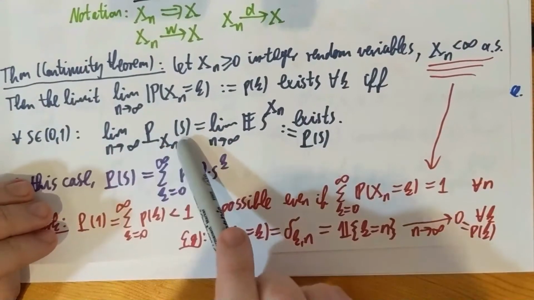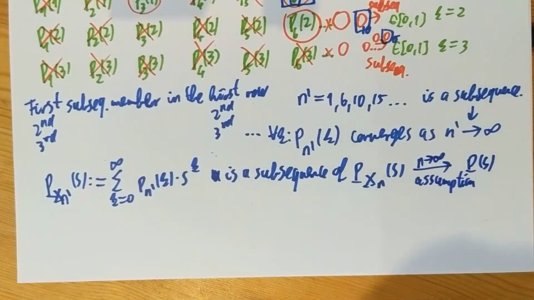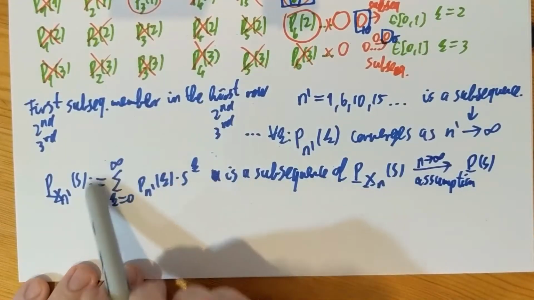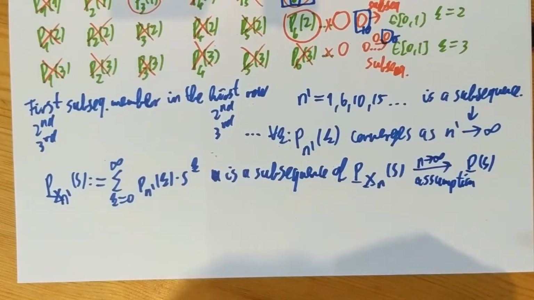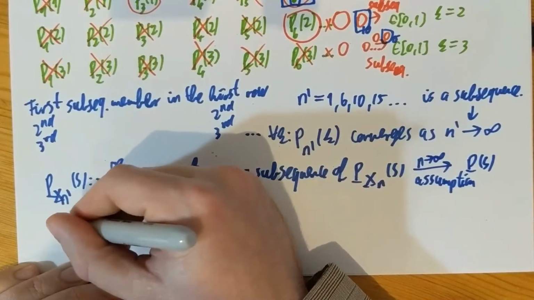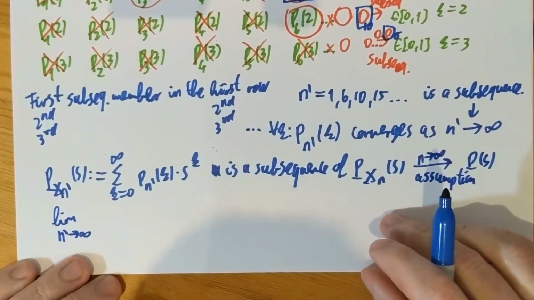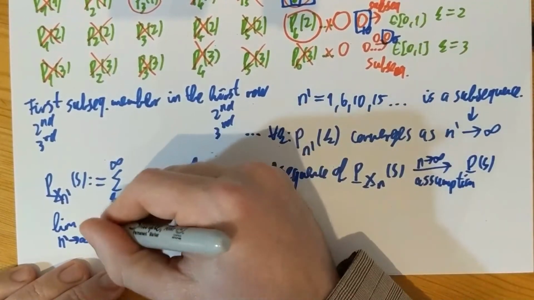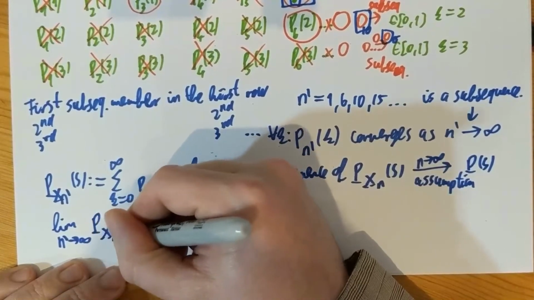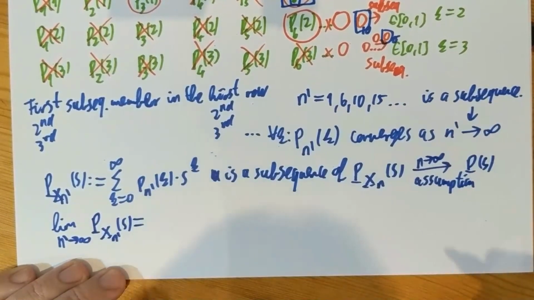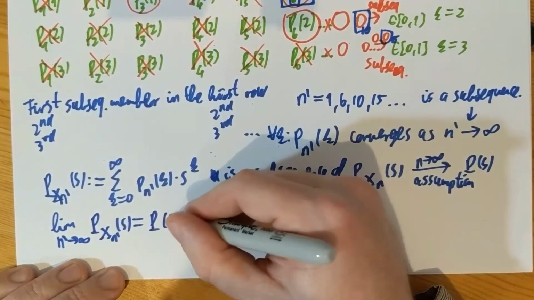That's the assumption we made, right? The limit of the generating functions exists, and it is p of s. So by assumption we have a convergence here. Therefore, every subsequence converges there as well. So it follows that along this subsequence we also have convergence of the generating functions. This is also equal, in the limit, to p of s.